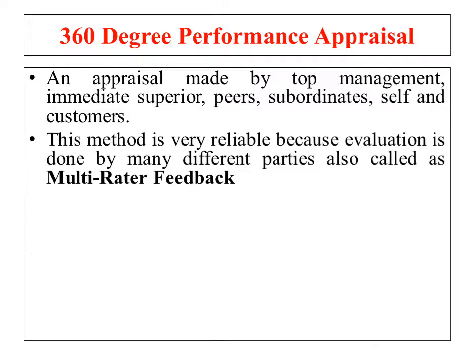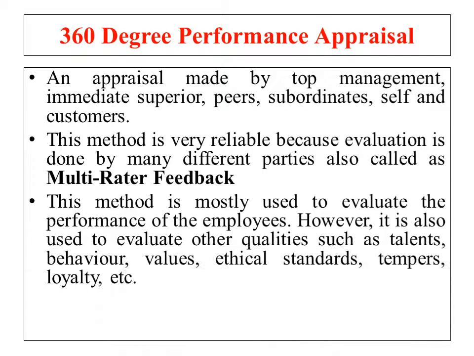This method is very reliable because evaluation is done by many different parties, also called multi-rated feedback. This method is mostly used to evaluate the performance of the employees. However, it is also used to evaluate other qualities such as talents, behavior, values, ethical standards, tempers, loyalty, etc. Basically, in the 360-degree performance appraisal, the appraisal is made by different parties.